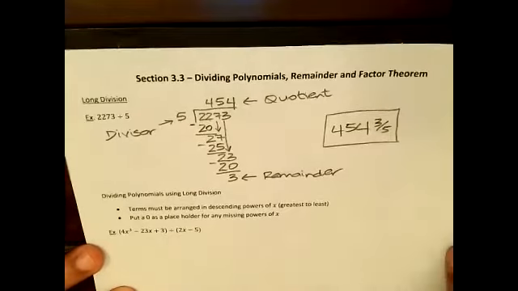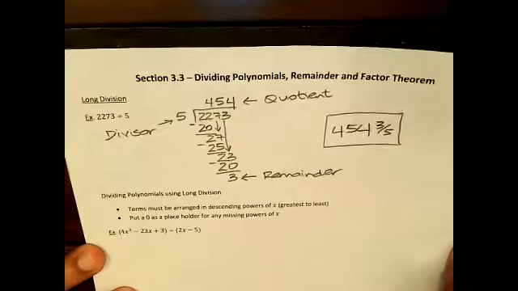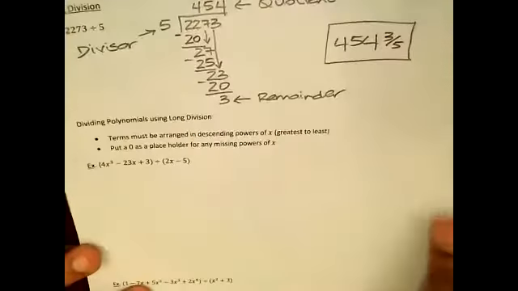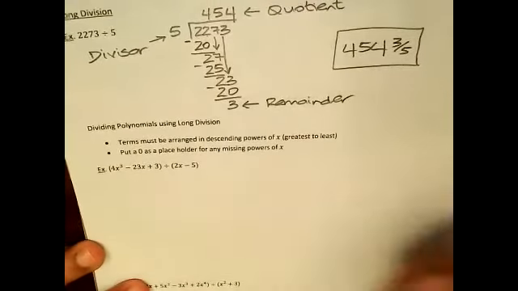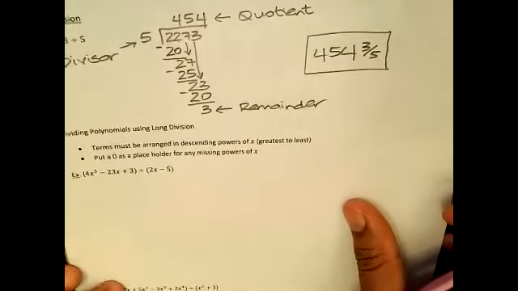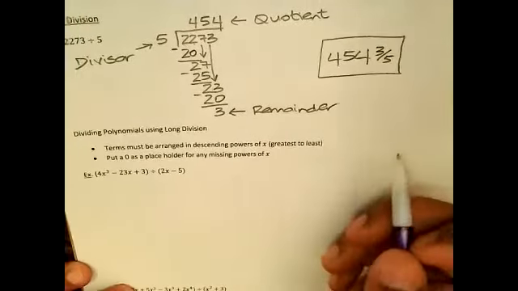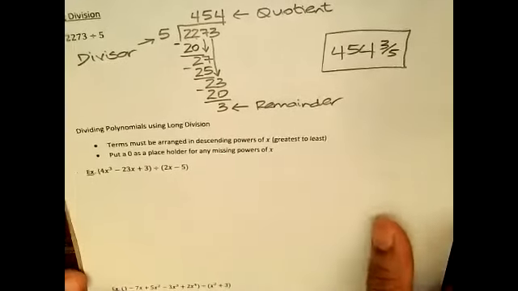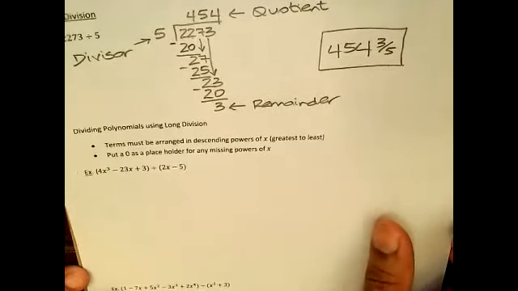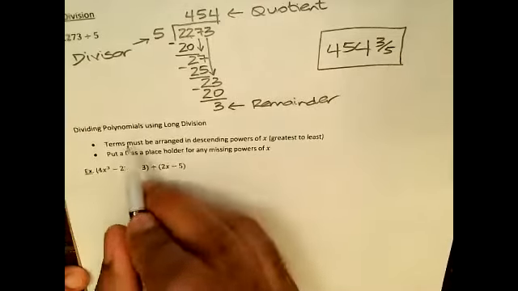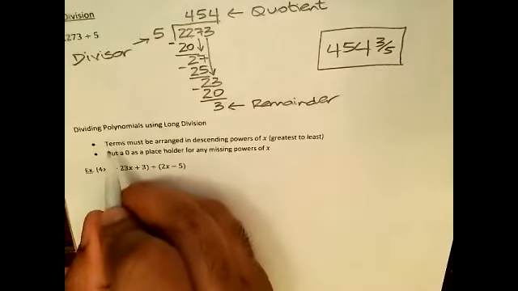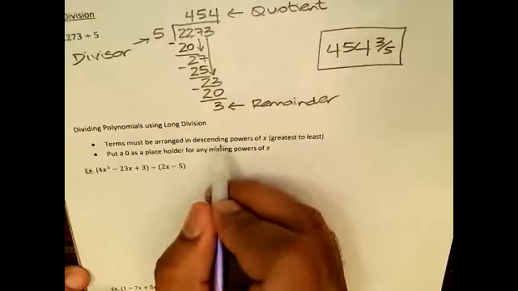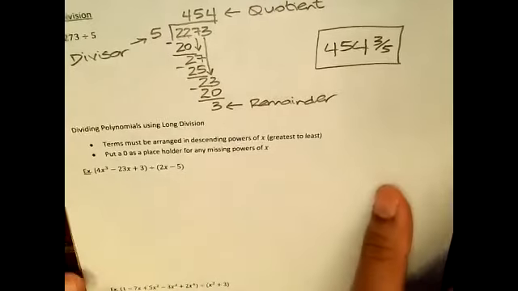Now, I'm going to apply the same process of long division to dividing polynomials. Remember, polynomials are functions that have several terms in them, and we're interested in dividing them. Before we can divide, there are two things that we need to check. The first thing is we need to make sure the terms are arranged in descending powers of x.